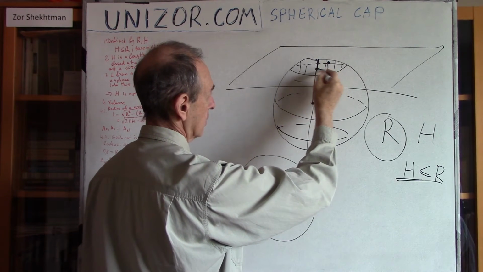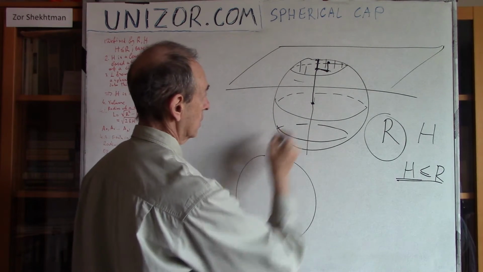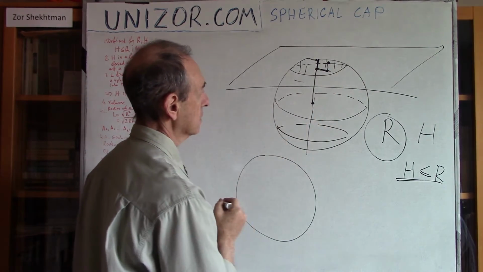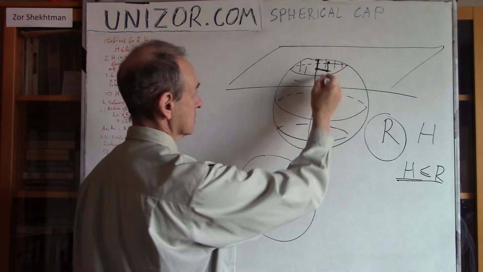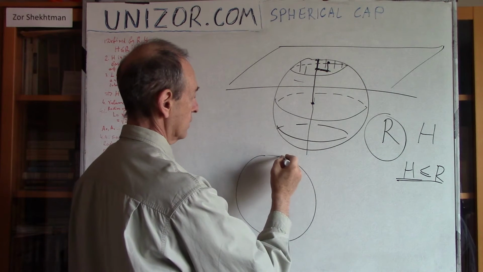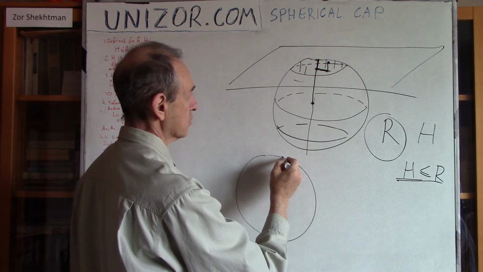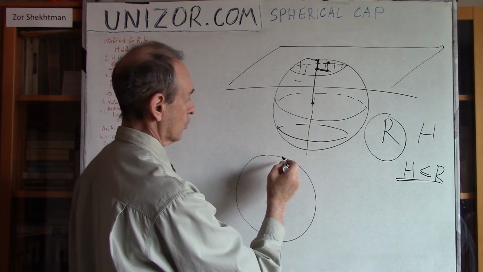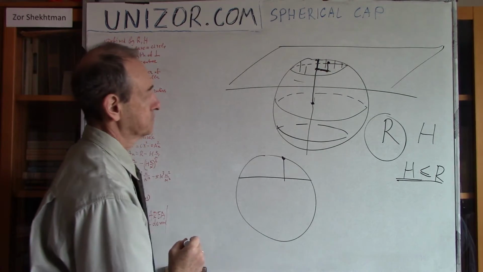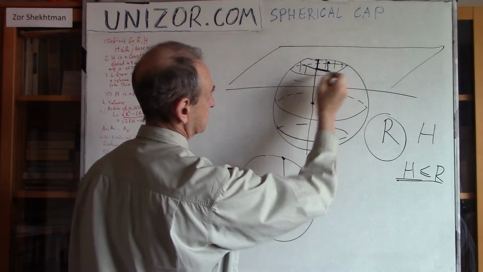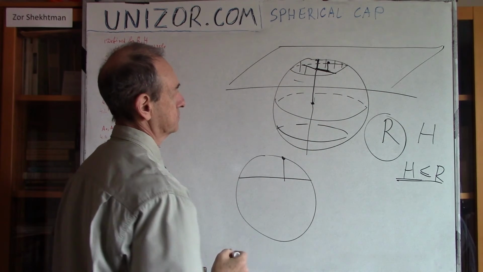These are lines which belong to the plane, and when we cut, they will be in our cutting plane, right? So this is a straight line. This is the point on the dome from which we draw the perpendicular. So that would be the case, basically, right? This is the line.